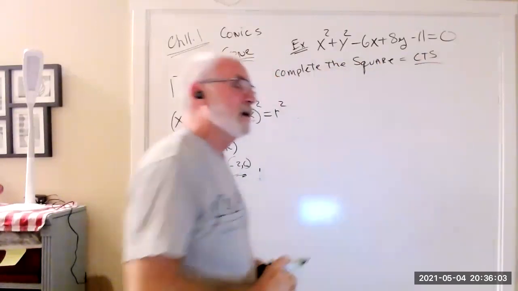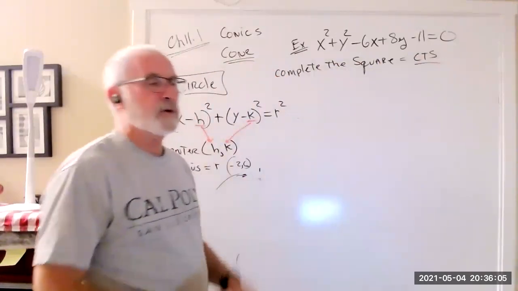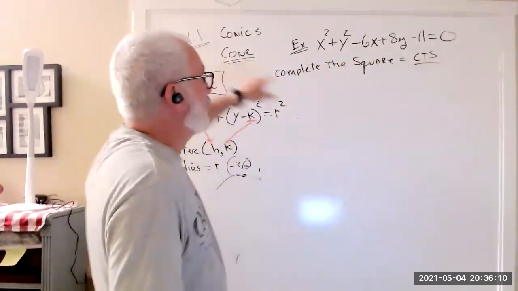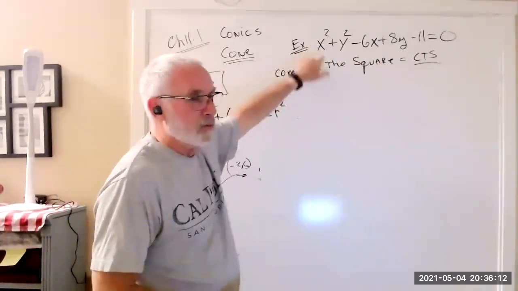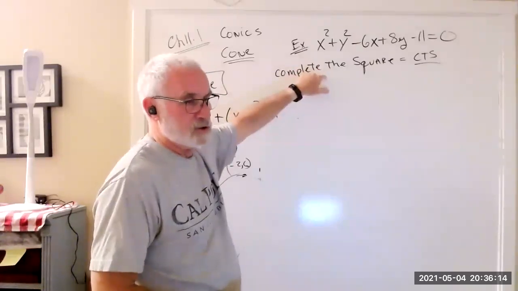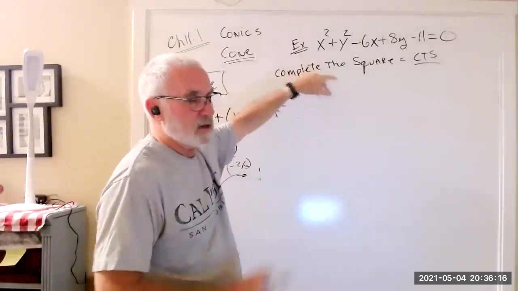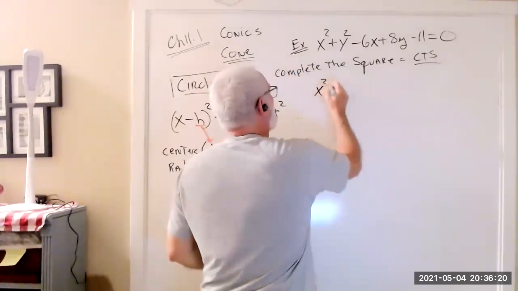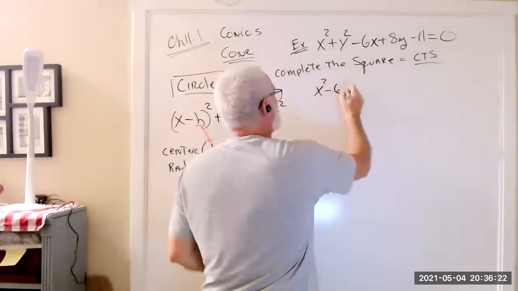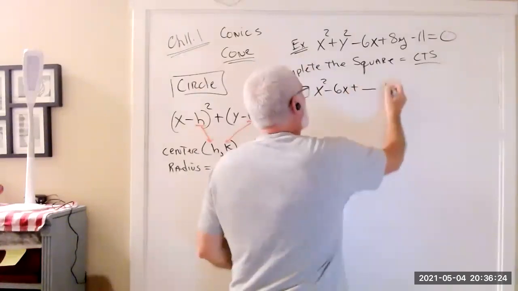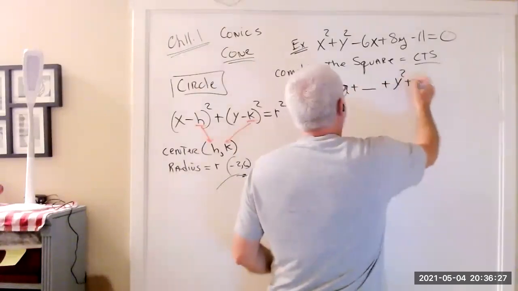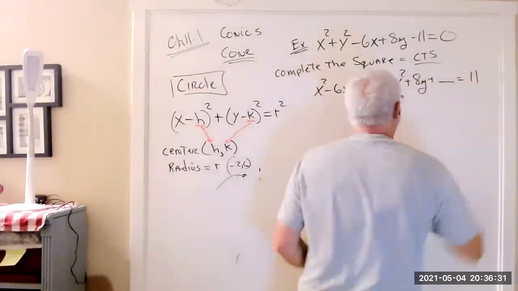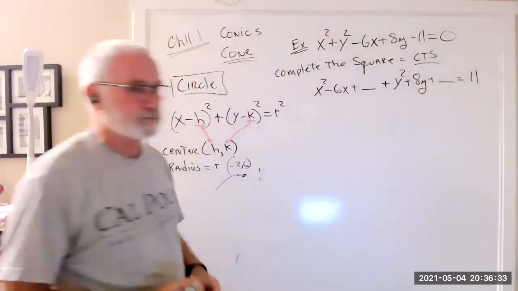And you're going to have to know this. I've loaded the chapter 11 test with several problems where you must know this process. Okay, so here we go. So what we do is we get the x's with the x's. Okay, so look what I did.